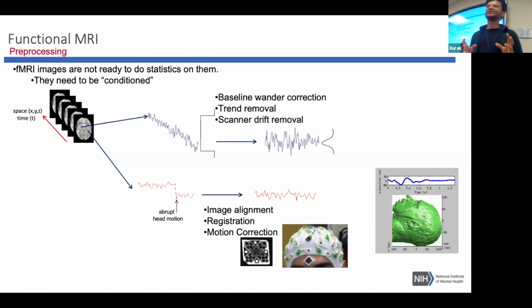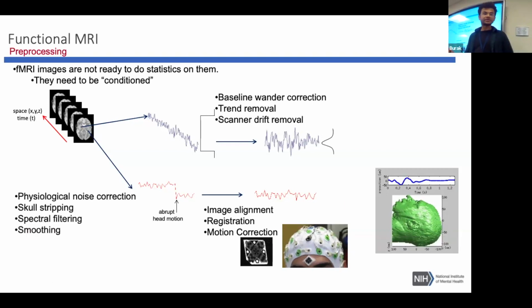It is a very minor effect, but if you're looking for tiny activation, especially in high resolution, it is crucial to correct that too. And it is usually in the Z direction, because in the scanner we are lying down, and the heart is pushing the blood in the Z direction.